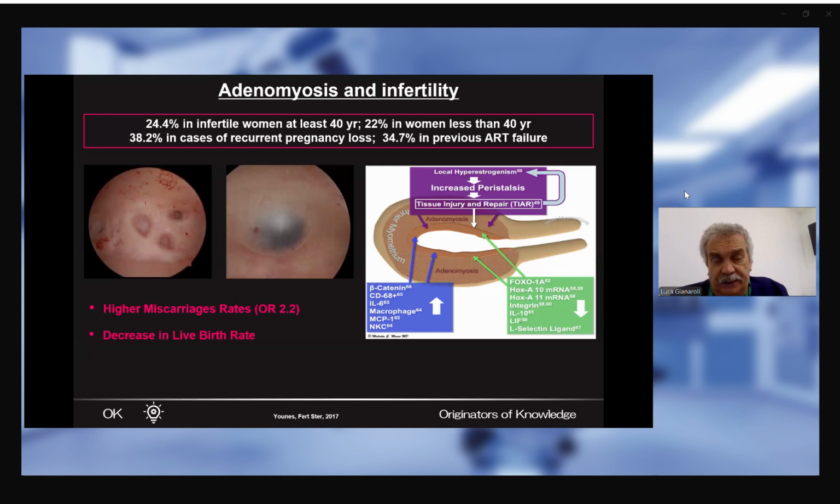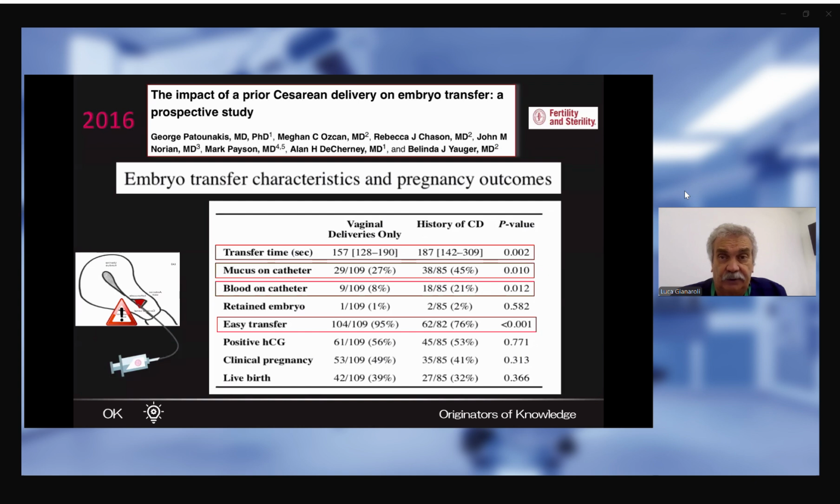What I want to say is that if a chromosomally normal embryo of a young woman has a potential of implanting and giving rise to a live birth of between 40 and 45% each time in a normal uterine cavity, if after two or three transfers this has not happened and we have any sign of adenomyosis that should have been diagnosed earlier than doing the transfer, for sure you have to blame the uterine pathology and not ART as a technique itself.